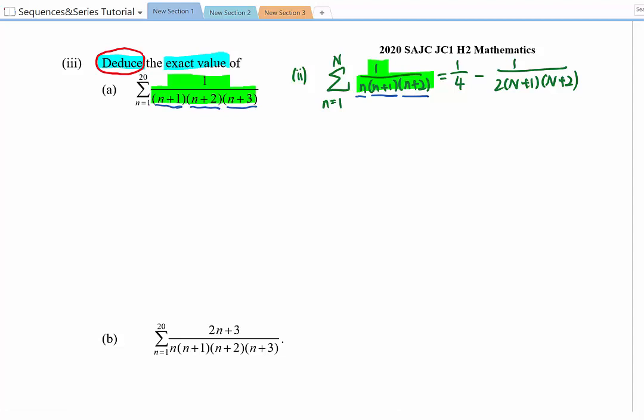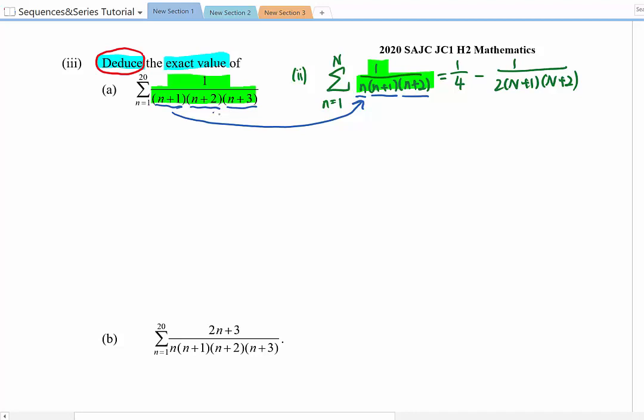Now since we have to try to weave our result in part 2 into our working in this case, we need to think of how we can relate the differences of terms together. And we do notice that if we were to subtract 1 from n plus 1, it gives us n.